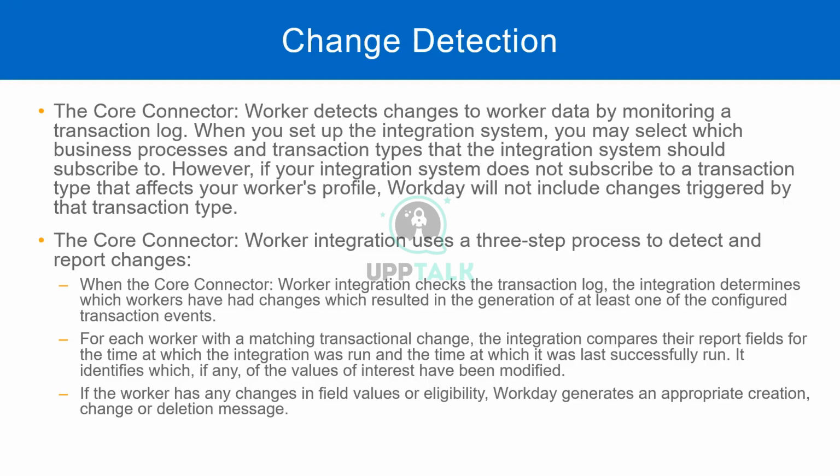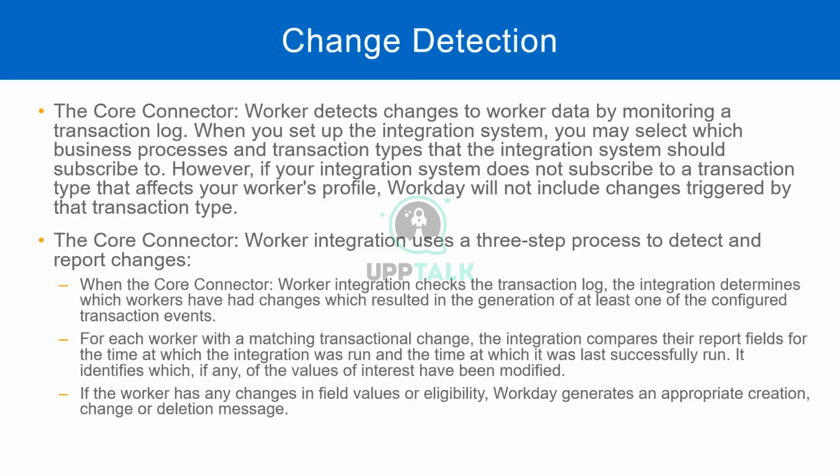For each worker with a matching transactional change, it compares their report fields to see what the changes were. What changes have happened to the data for that particular worker? First, it will identify only the workers who had a change.